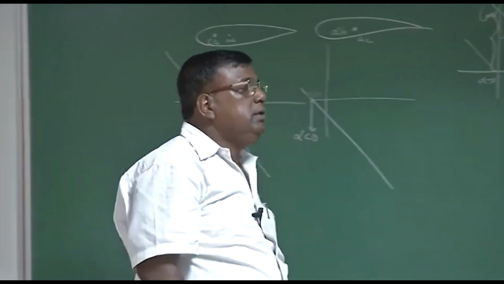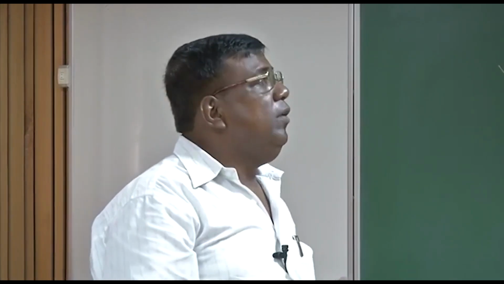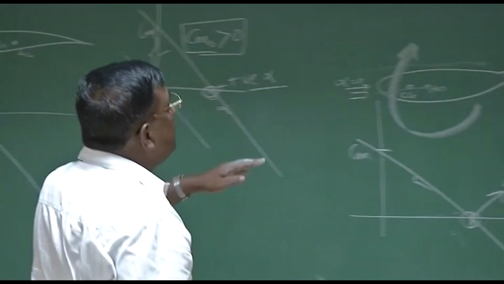So in a nutshell, whether you are using a symmetric wing or a cambered wing, a wing alone configuration can be made statically stable. However, you cannot trim it at positive angle of attack. That is why I was telling, we'll be calling this equilibrium point as trim point. However, if you want a flying wing, a wing alone configuration, to not only be statically stable, but also trim at positive angle of attack, then I have to use a reflex aerofoil, which looks like this.